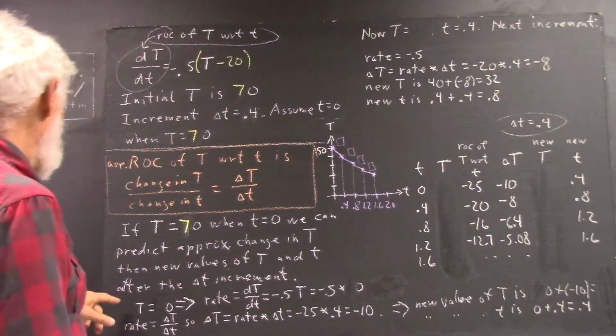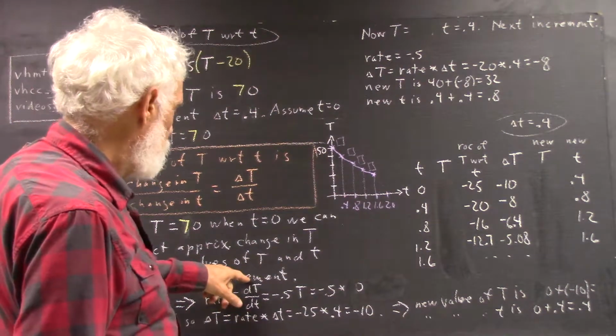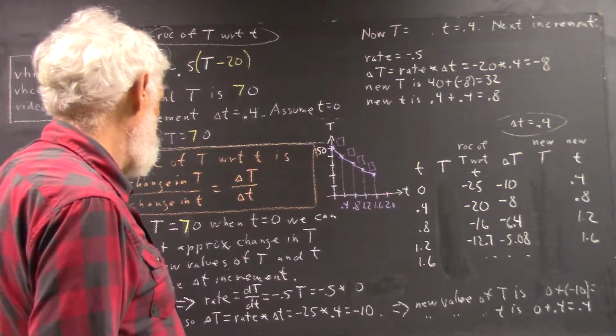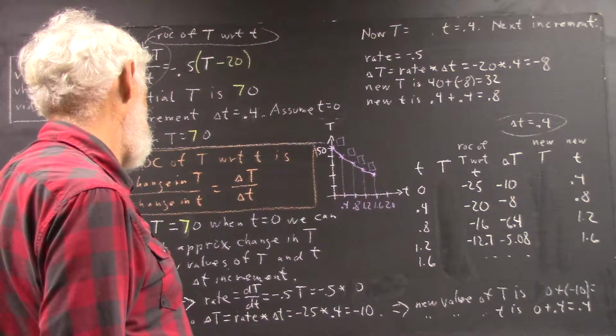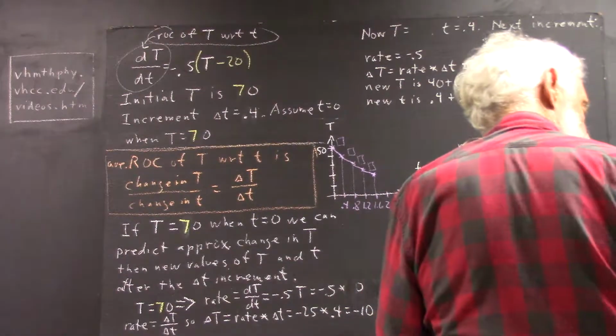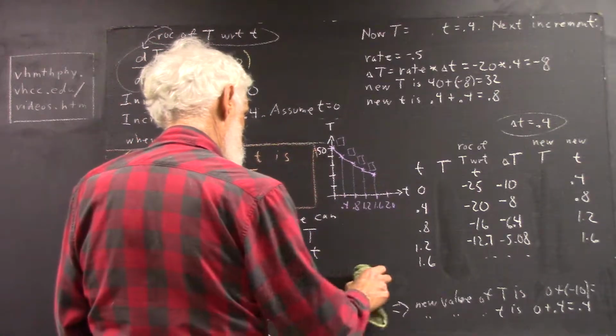So if T is 70, then the rate is, of course, d big T, d little t.